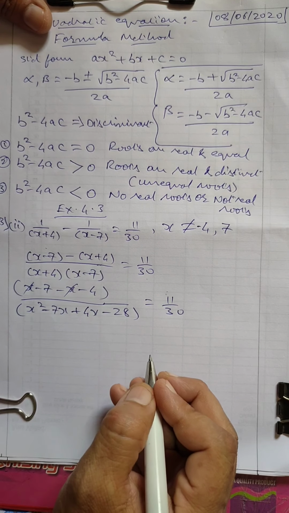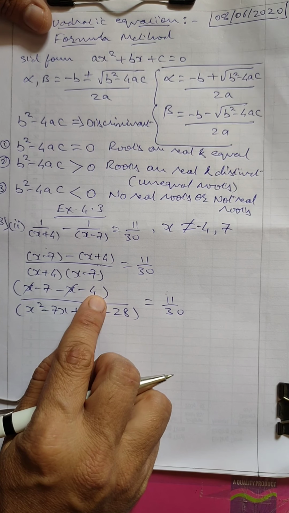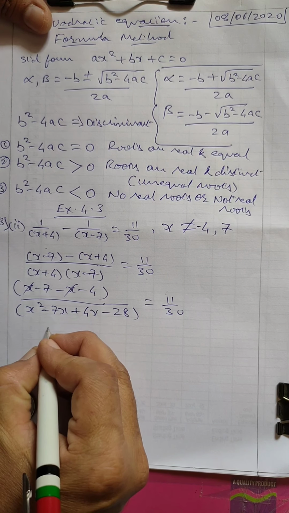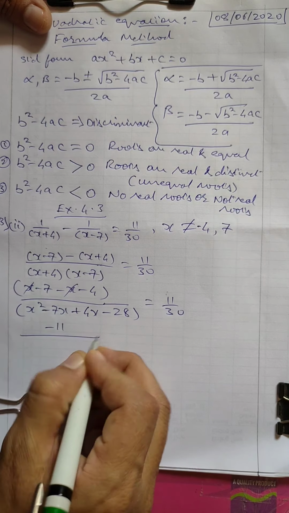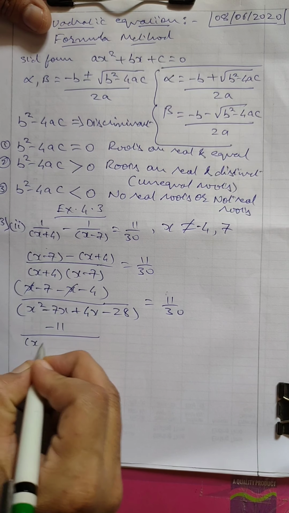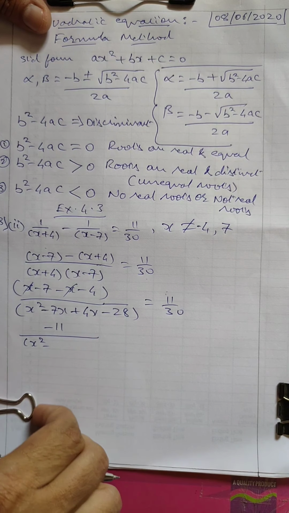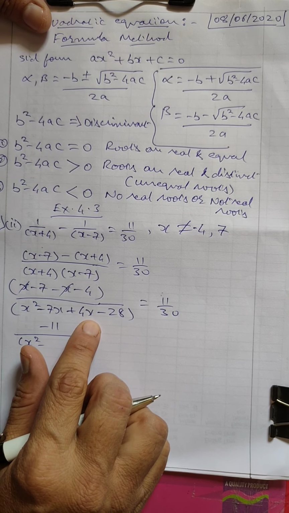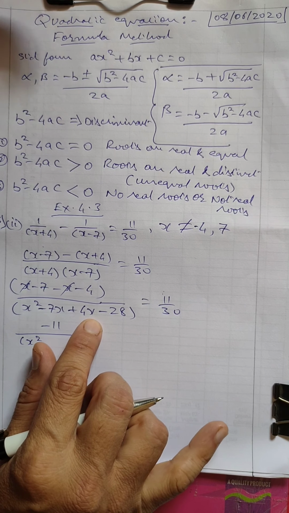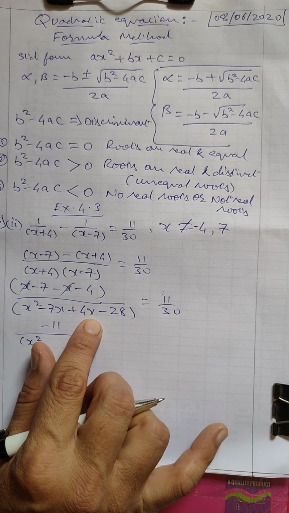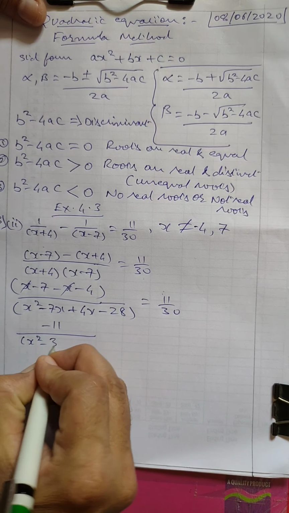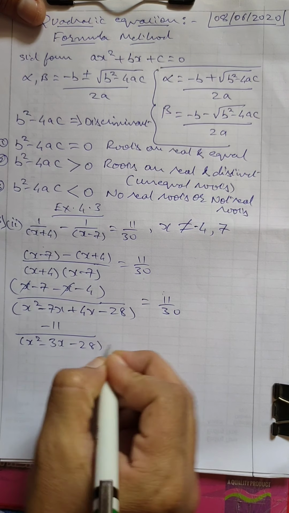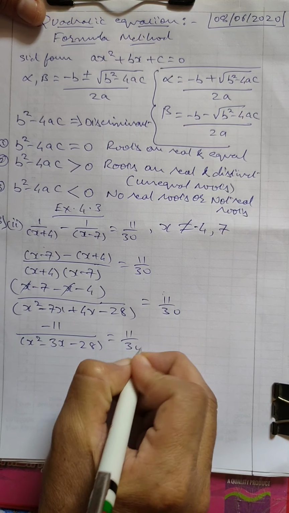Plus x and minus x get cancelled. Minus 7 minus 4 is minus 11. Here it becomes x square minus 7x plus 4x, which is minus 3x, minus 28, is equal to 11 upon 30.